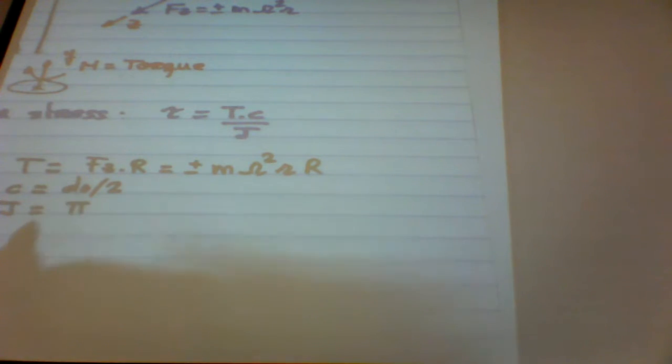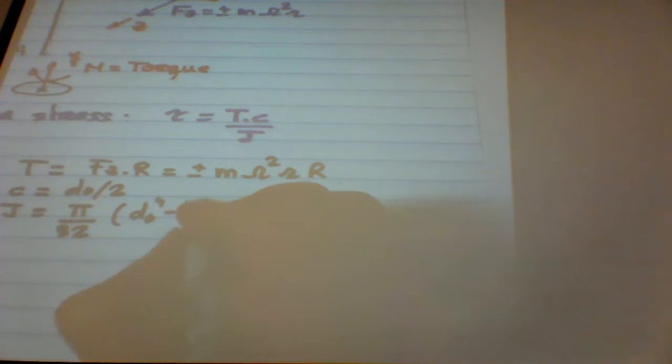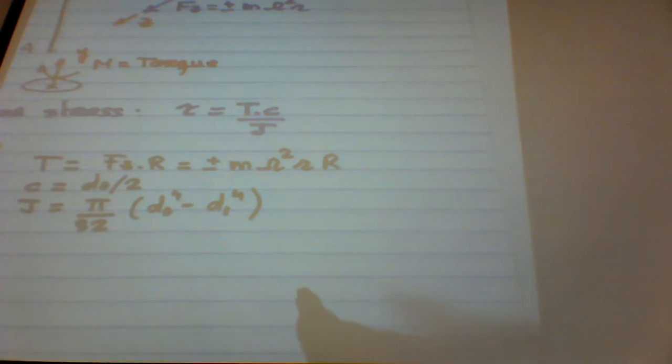Twice I. No, should it be half? No, it should be twice. So it should be pi over 32, the outside to the fourth minus the inside to the fourth. Basically what I'm saying is that J equals I y plus I z. That's the property we're using, okay? So it's half of this.